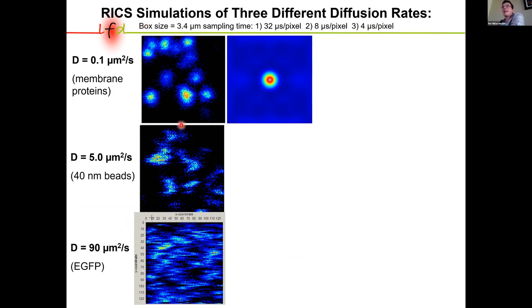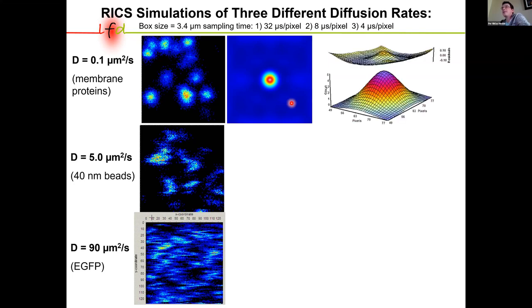And if we raster scan an image, we just see those molecules, and then the 2D correlation function will look pretty much symmetrical. On the right-hand side is just a pseudo 3D illustration of the shape of the function in the center.